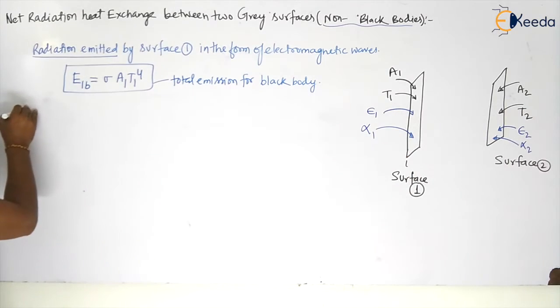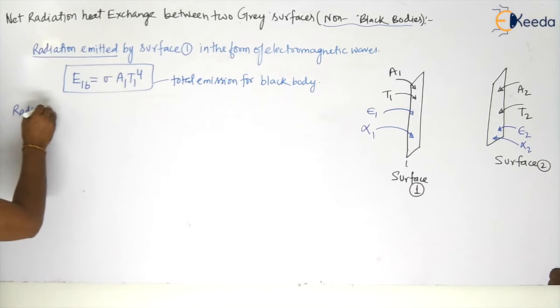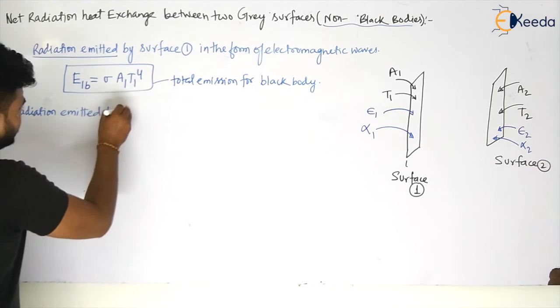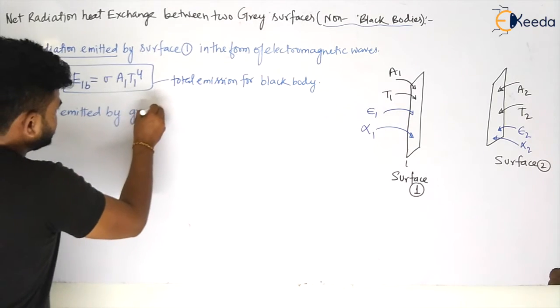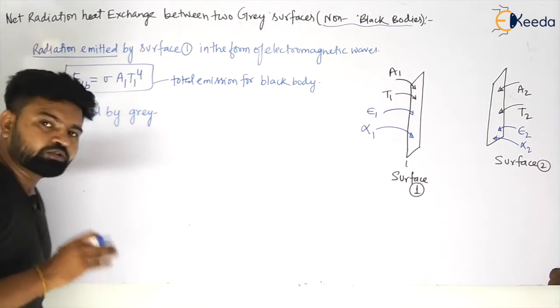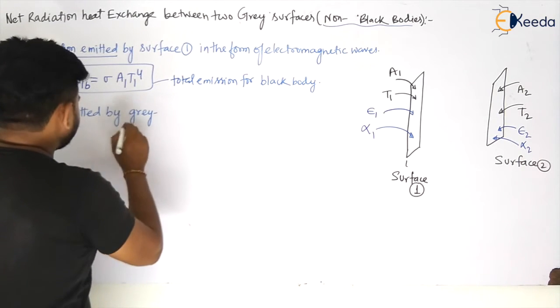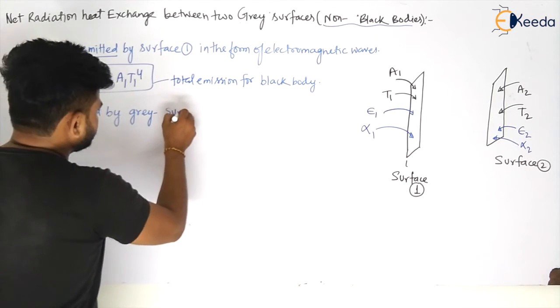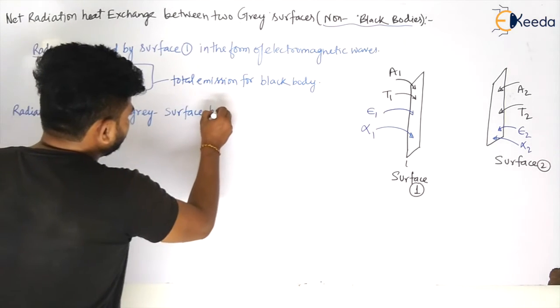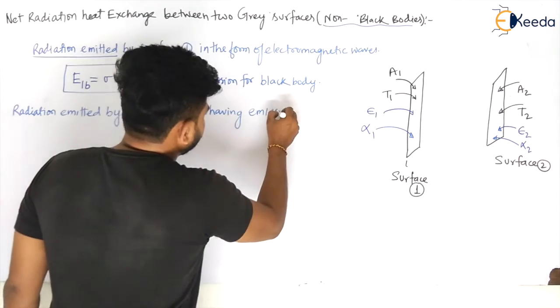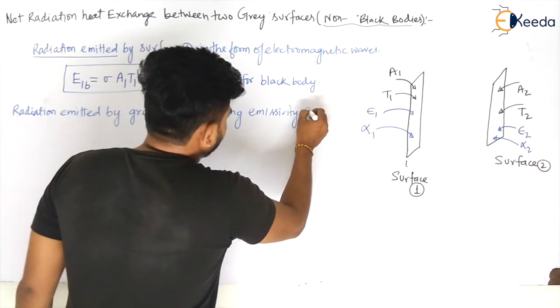So, radiation emitted by a gray surface. This is a very important concept. That's why I'm going slow, my dear students, so carefully just learn it. Radiation emitted by a gray surface having some emissivity, let us say E1.